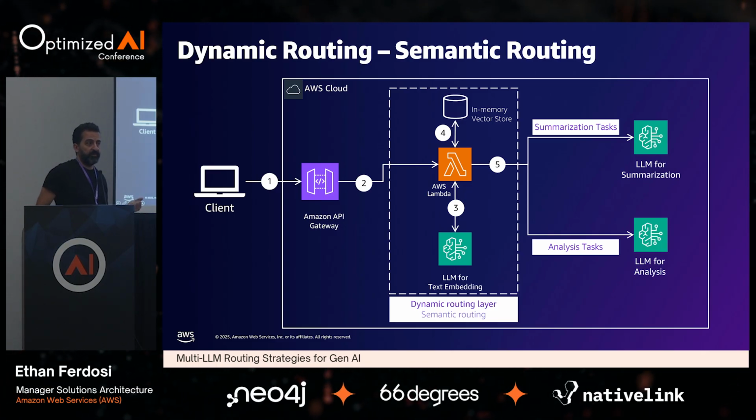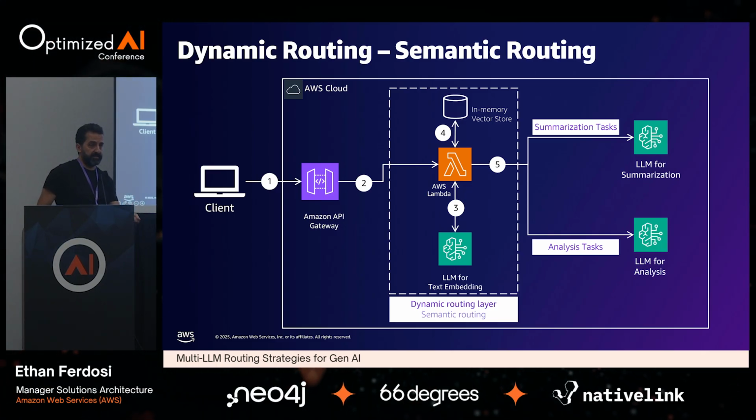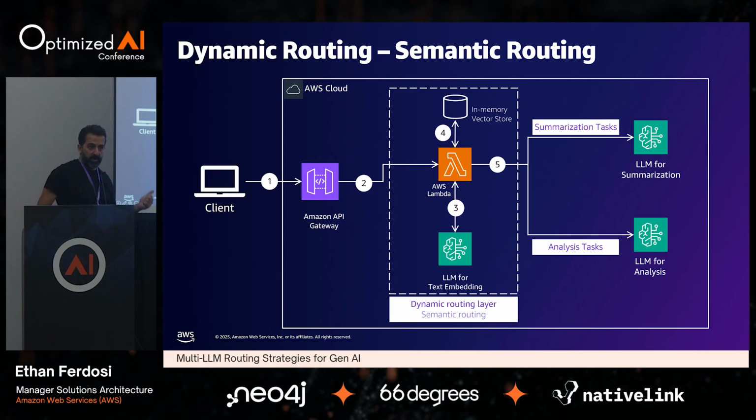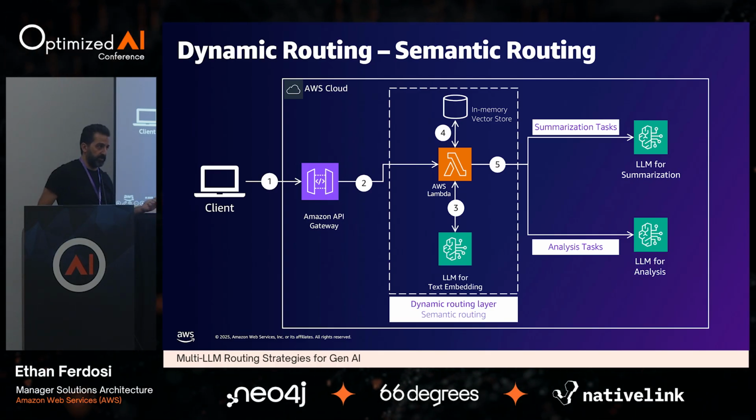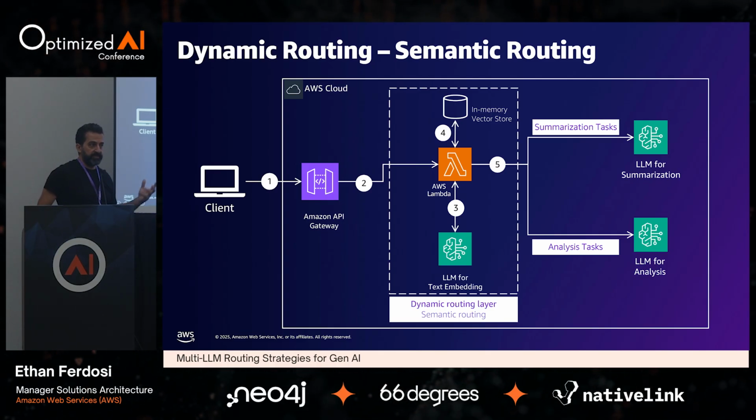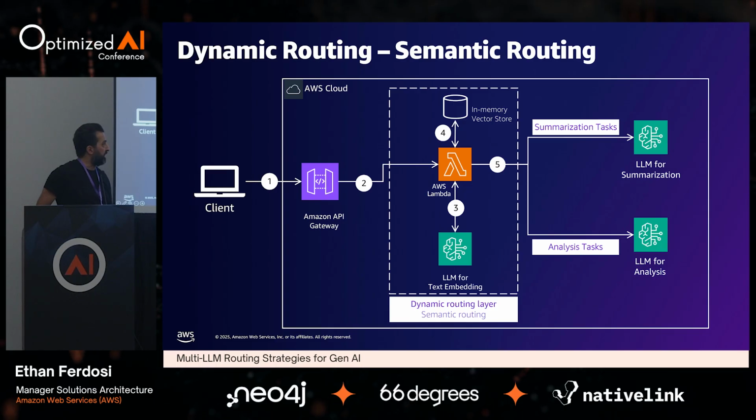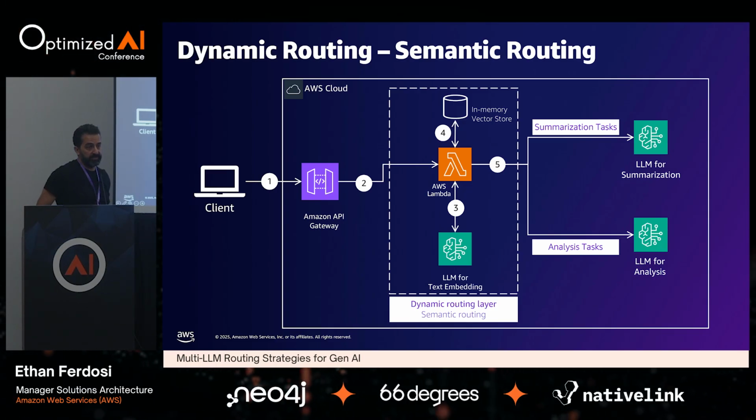That means it takes a prompt, embeds it and turns it into numerical vectors. And then based on that, it compares it against an existing set of reference prompts in a database, in a vector store. And then once it's decided which classification it is, it might send it to the downstream LLMs.